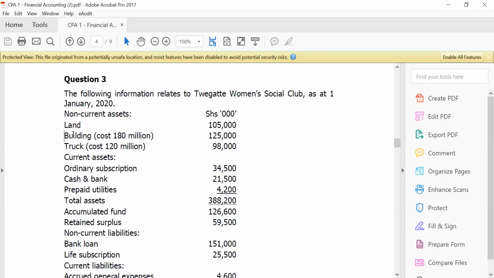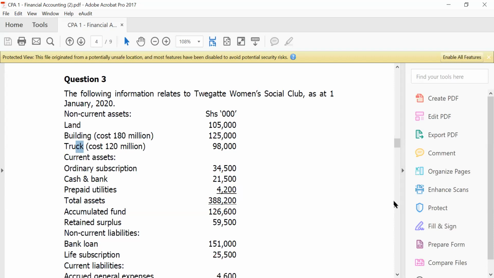So they are telling us that this building and truck are depreciated on cost. Every time they tell you that an asset is depreciated on cost, it's the same thing you're being told that the asset is being depreciated on straight line method.